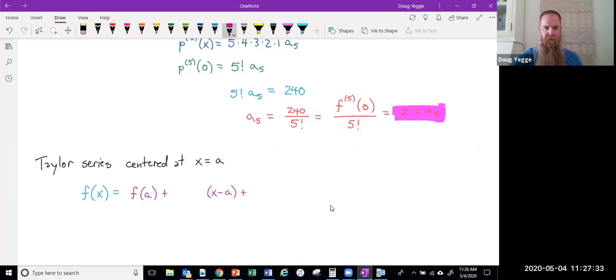Then you would have an x minus A squared term. Then you would have an x minus A cubed term, and so on.